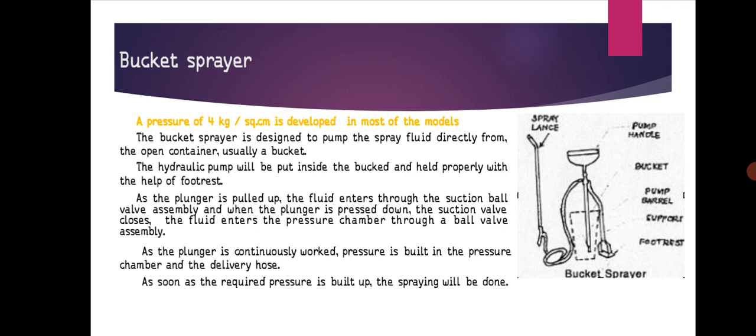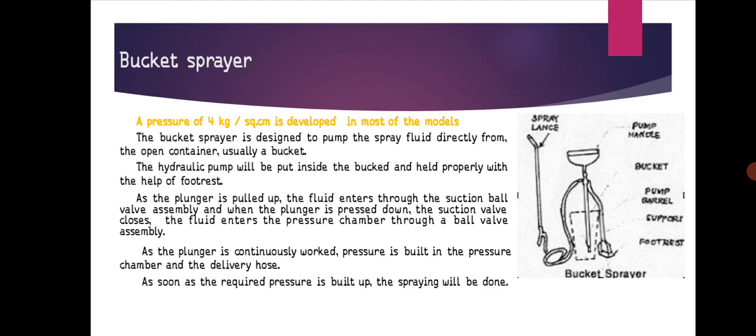Bucket sprayer. A pressure of 4 kg per square centimeter is developed in most of the models. The bucket sprayer is used to pump the spray fluid directly from an open container, usually a bucket. The hydraulic pump is put inside the bucket and held properly with the help of a footrest.